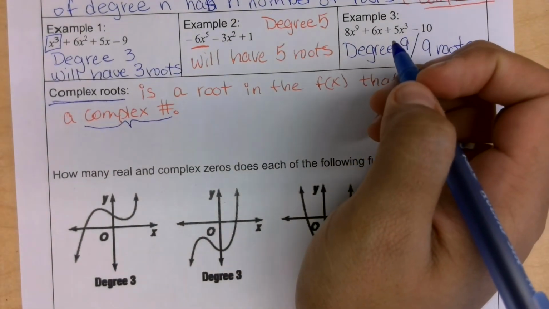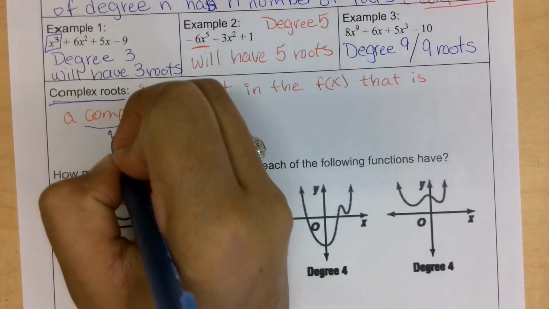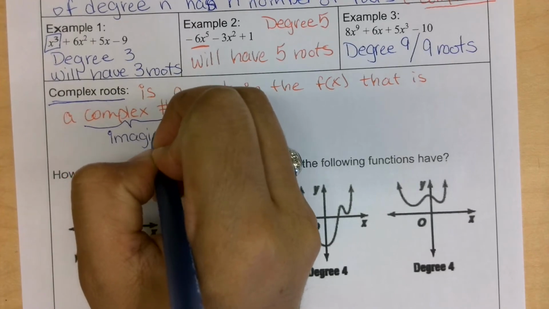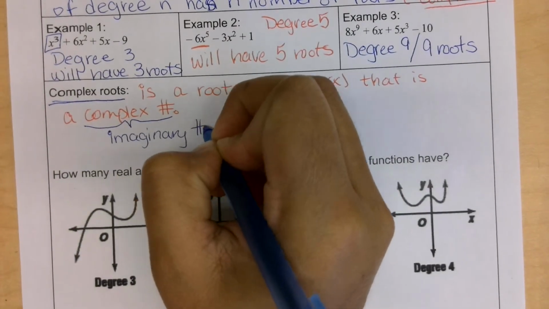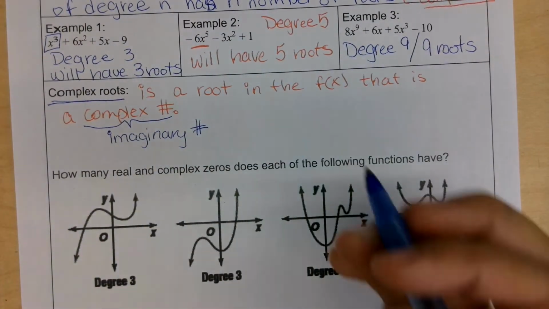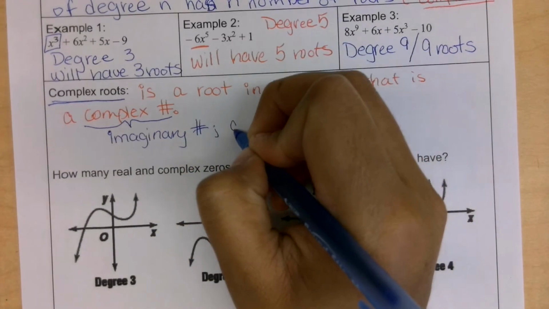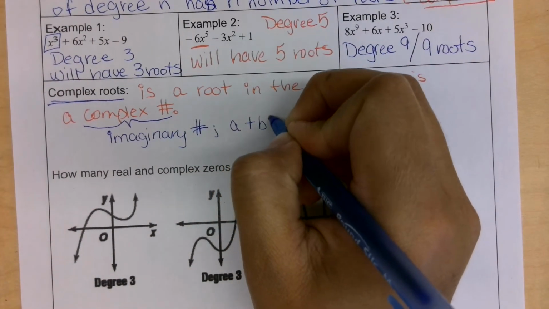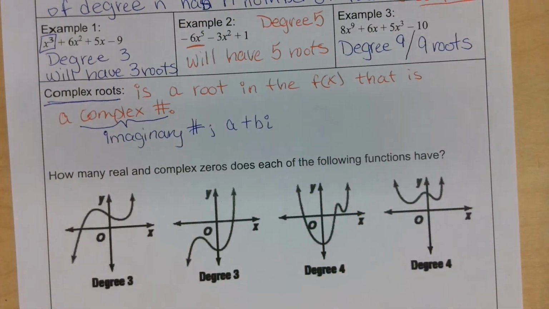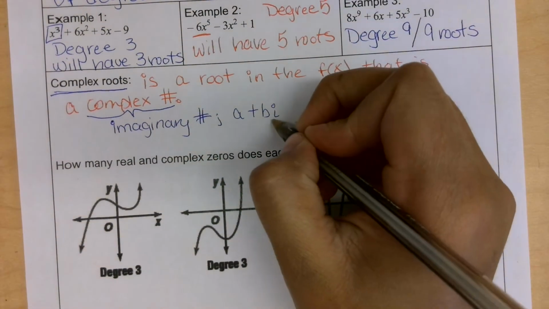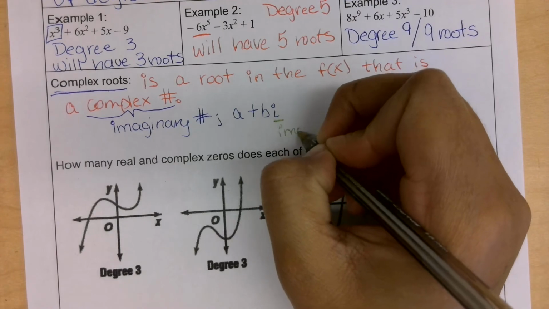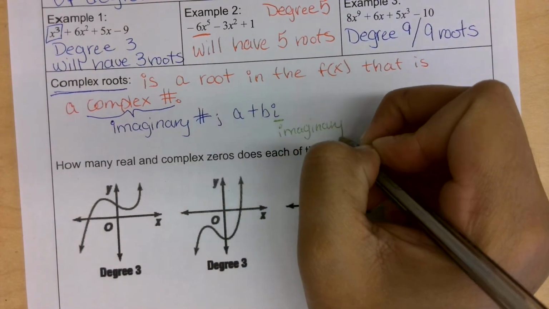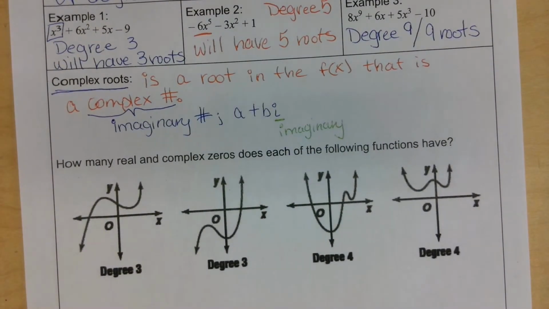A complex number is an imaginary number. And I'm not sure if we've worked with imaginary numbers, but imaginary numbers typically have some number a plus b times i. And this part right here, the i, is what makes it imaginary. This is the imaginary part, the imaginary number. Okay? So complex roots are roots in the functions that are a complex number. Complex meaning they are imaginary.